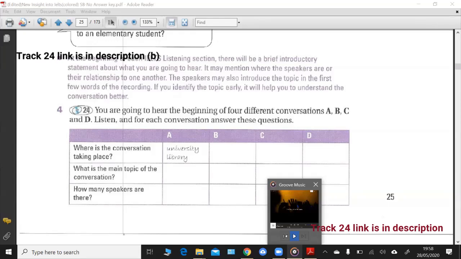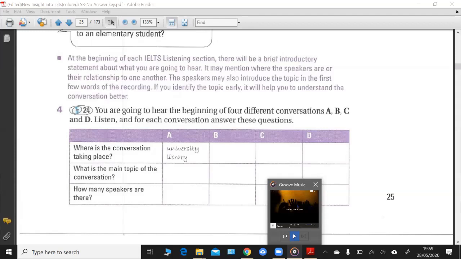Okay, now listen to the next part, please. Now please tell me, where is the conversation taking place? Radio program, or radio studio. A radio interview. Okay, basically it's an interview, so I will go for a radio interview.